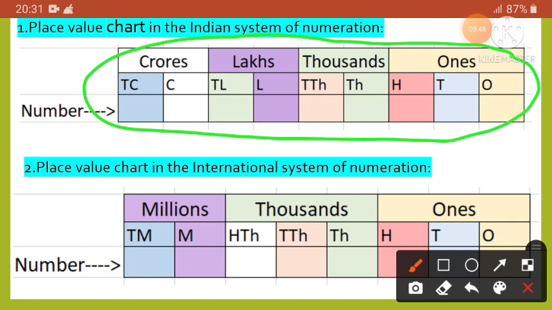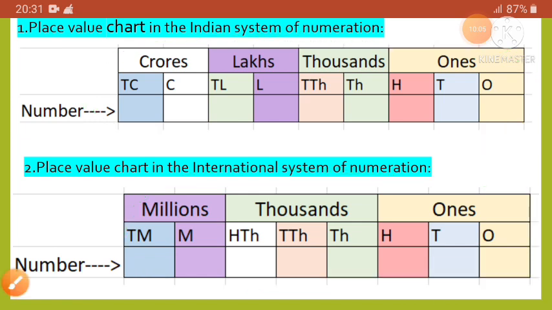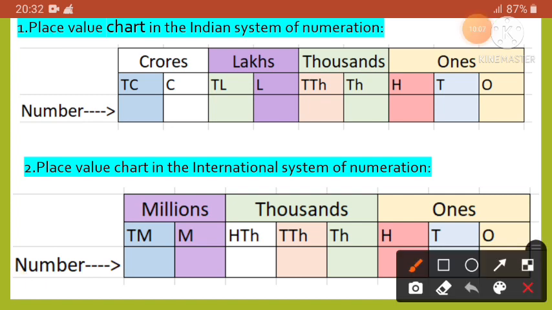But if we are talking about the international system, then it is the place value chart in the international system. There are small differences. We will be learning about it very soon.